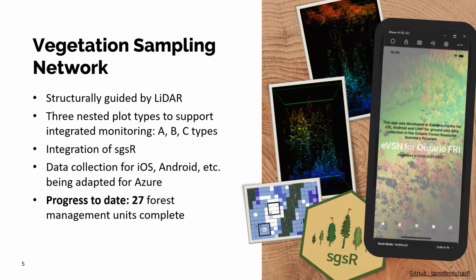The B plots have a stem mapping component to them. And then the C plots are affiliated with our long-term monitoring framework. So they have a down woody debris transect. So there's a weighting of a percentage of plots per each forest that fall within those 3 modules. But a C plot and a B plot contain the same contents as an A plot. So they nest together and support FRI, but also support some of our broad scale monitoring activities.